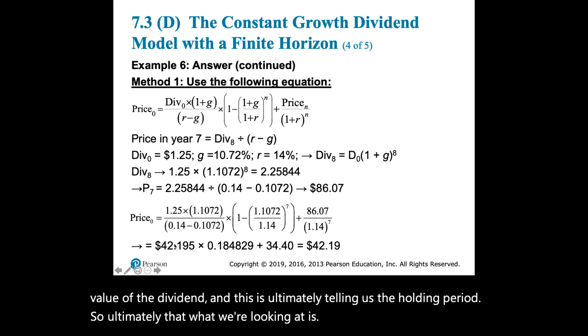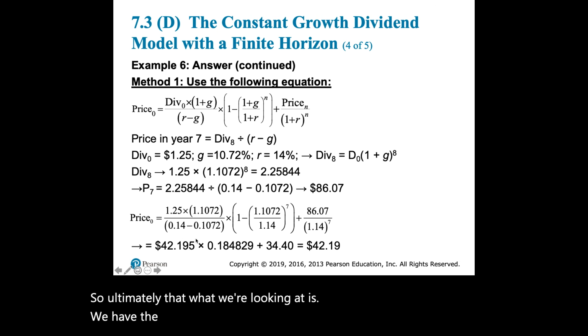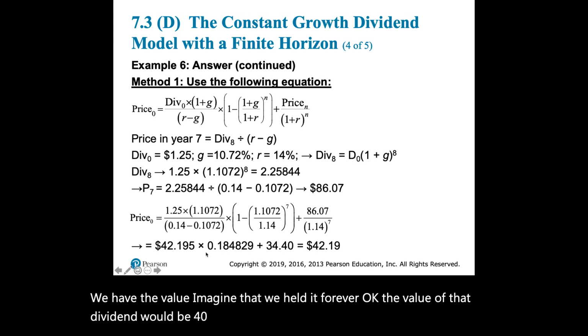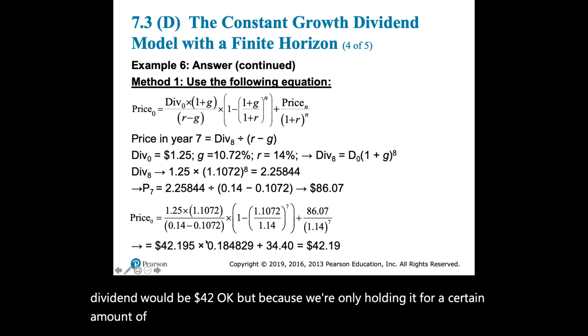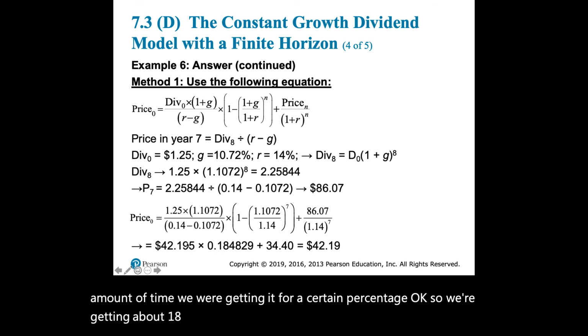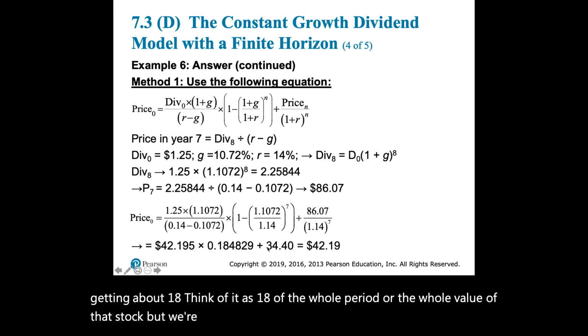So we're getting about 18%, think of it as 18% of the whole period or the whole value of that stock, okay? But we have to add the fact that we're selling the stock, okay? So that's this final part of the equation. So we have to add what we're selling it for, and that gives us our total price, okay? Now, we can also look at it from Gordon's model, and you'll see that we'll get the same price either way.